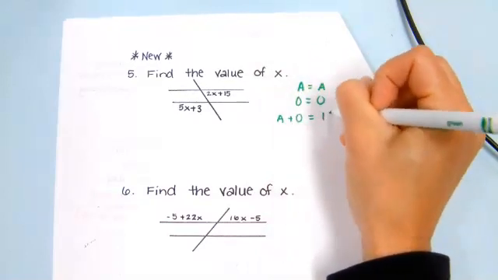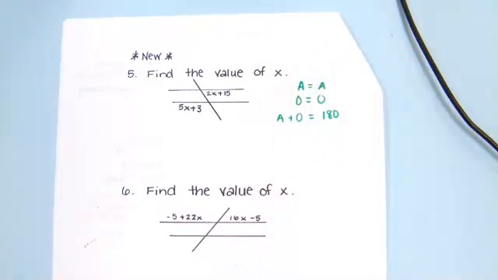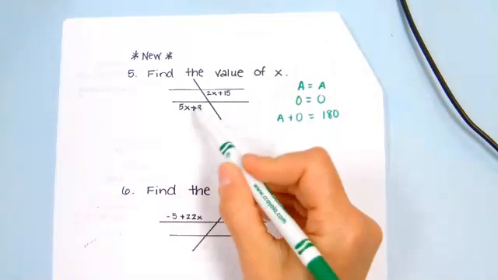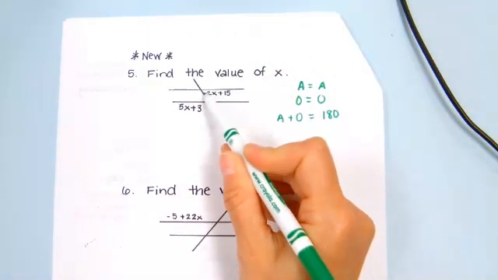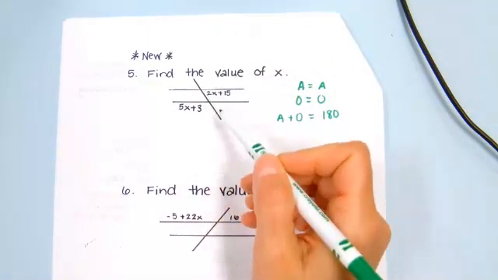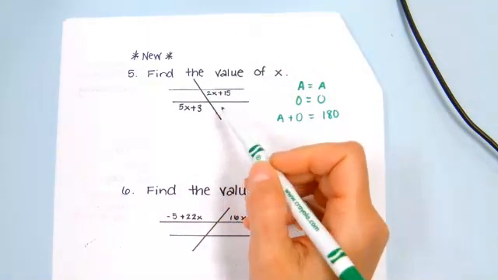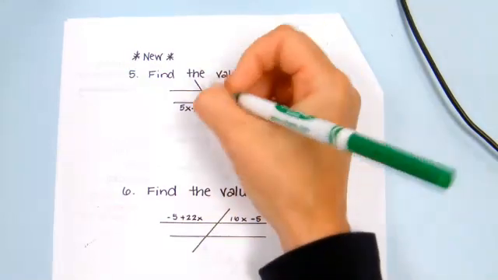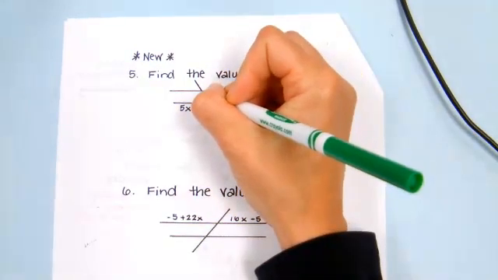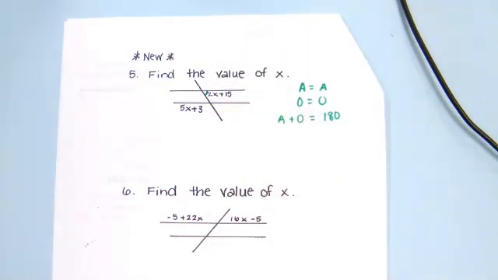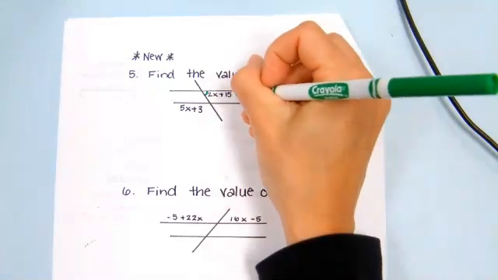180. Okay, so when we look at this, the 2x plus 15, is that going with an acute angle or an obtuse angle? It's going with this top one right here. Is that acute or obtuse? This one's acute.